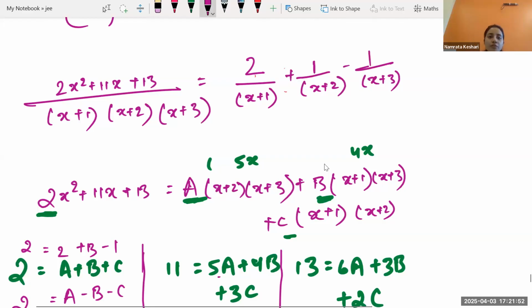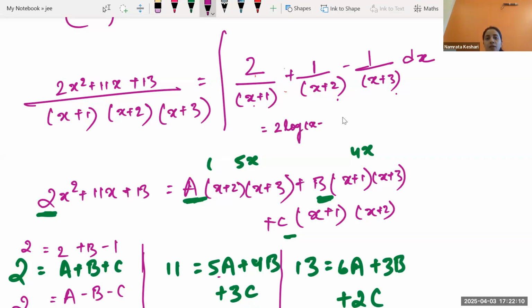So this is what we have to integrate, right? Meera and Upasna? Yes, ma'am. Okay, so from here, after integration, we get 2 log(x + 1) plus log(x + 2) minus log(x + 3).